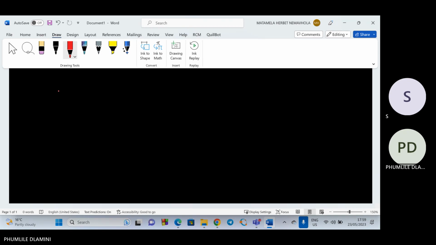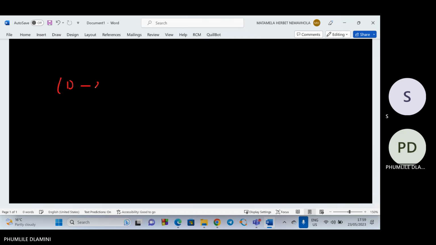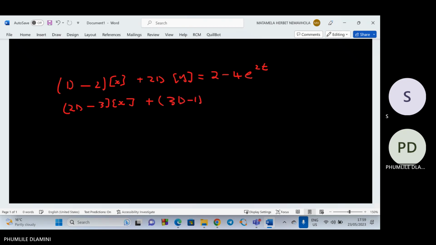So the equation we have is, the other one is 2D minus 3. This is equation 2.